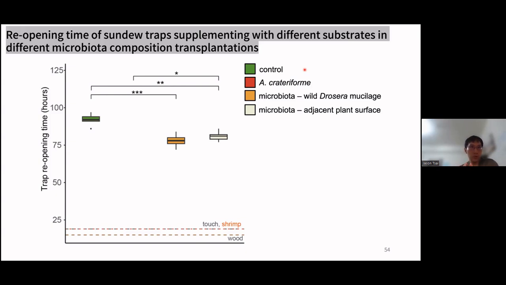And finally, and perhaps very excitingly, inoculating with pure Aquadontium resulted in the most significant reduction in reopening time, meaning that almost a quarter of the time was saved in the reopening or digestion process.